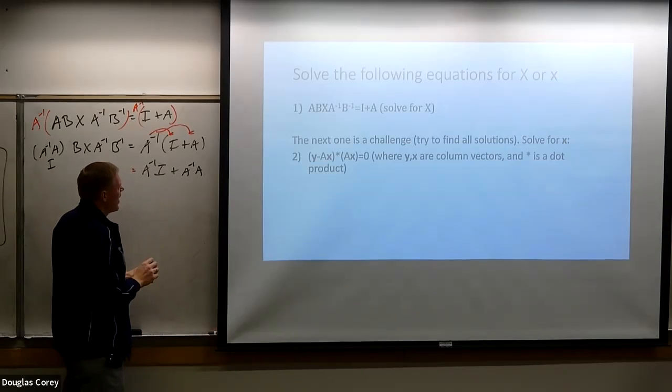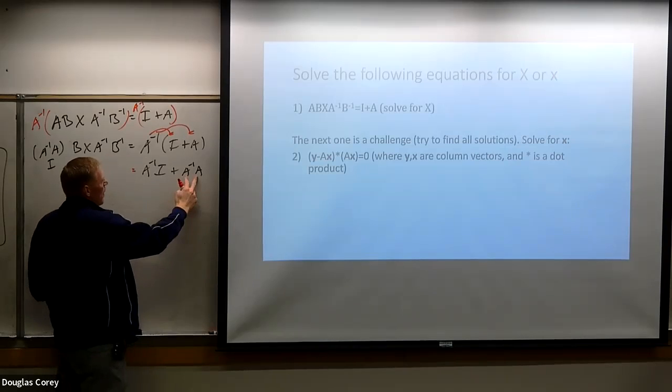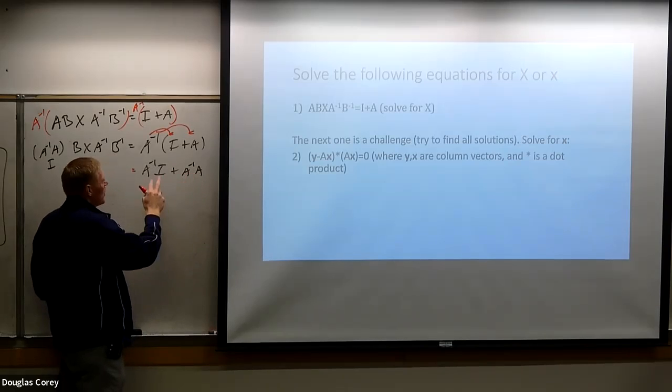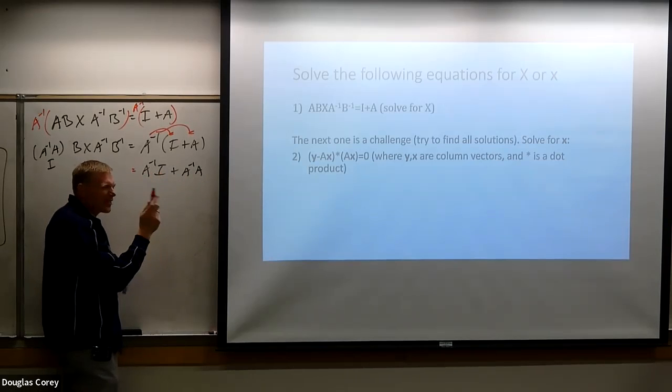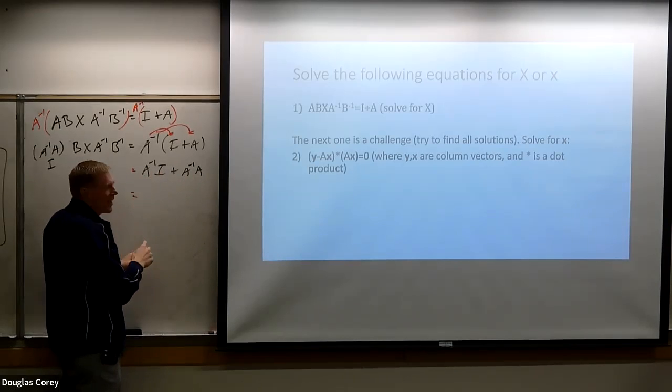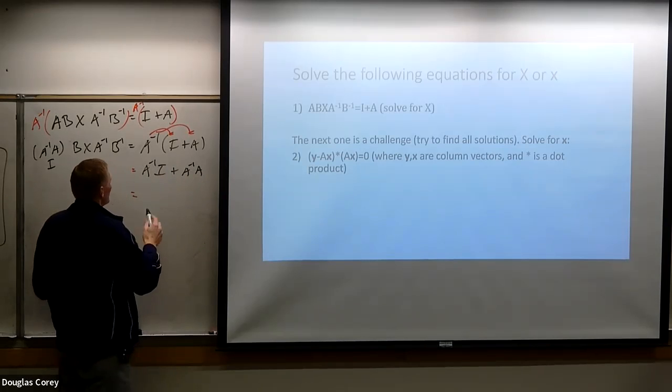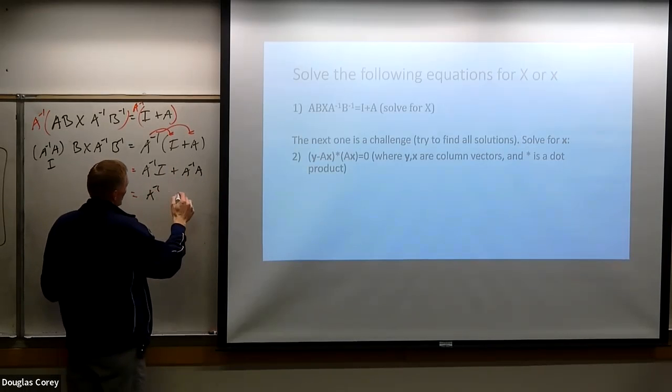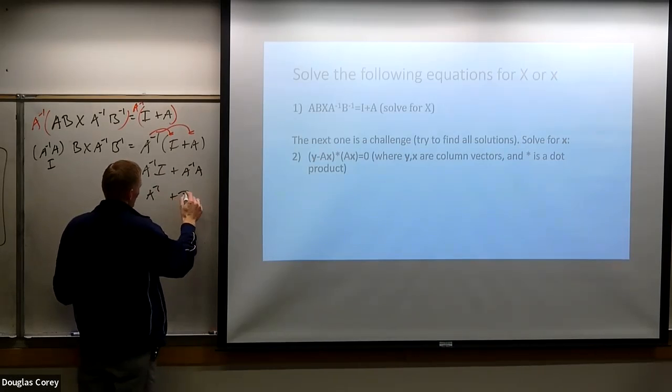Actually, it doesn't matter in this case, because the identity matrix does always commute. So in this particular case, it actually doesn't matter. But in general, it does. So this becomes A inverse, and A inverse times A becomes the identity.